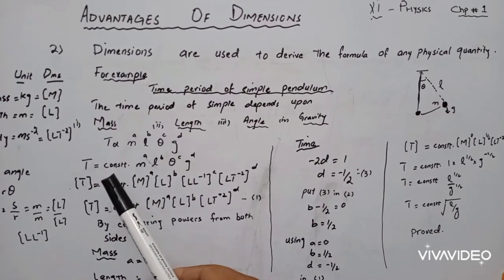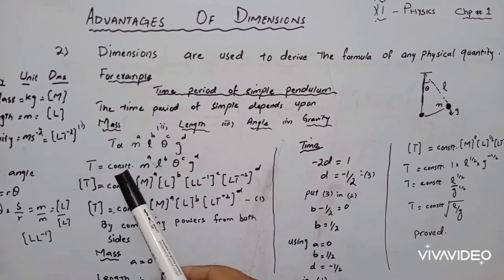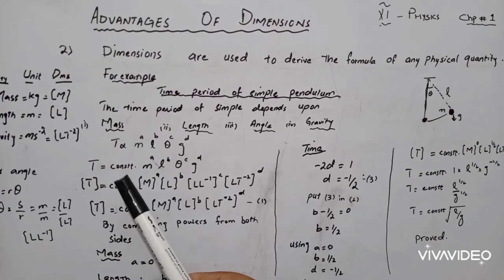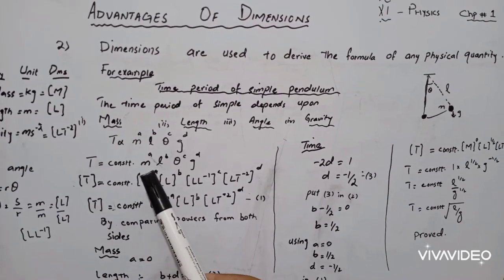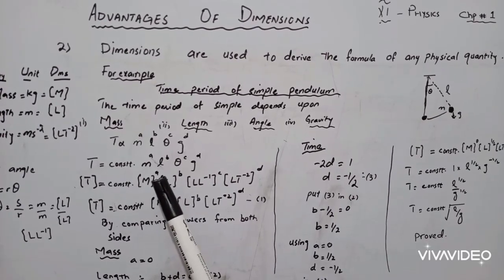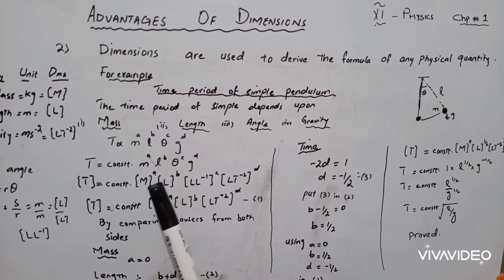While writing this constant, one point should be kept in your mind. The dimension does not tell you any information regarding constants. Now we just give them alphabetic powers. Our main purpose in this method is to find the unknown powers which are given on these physical quantities.